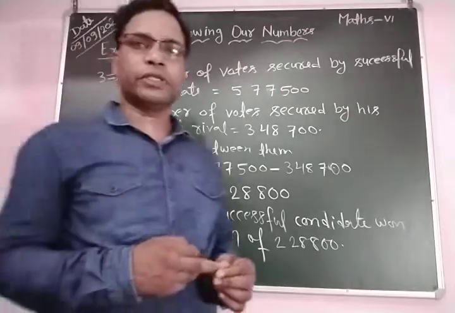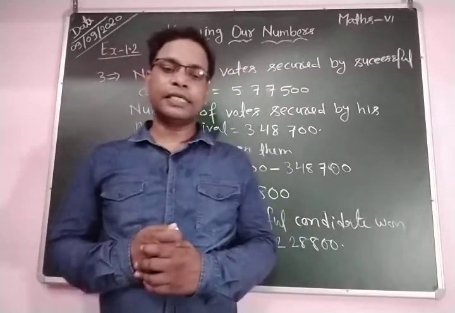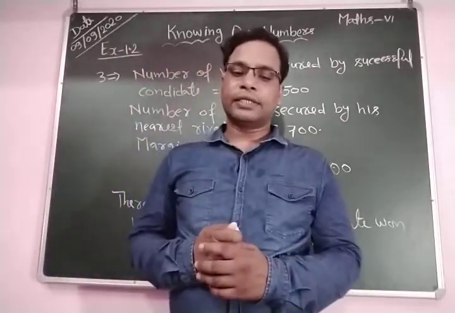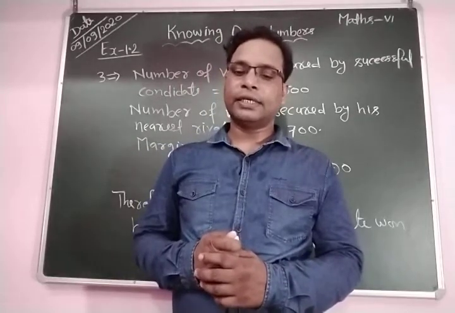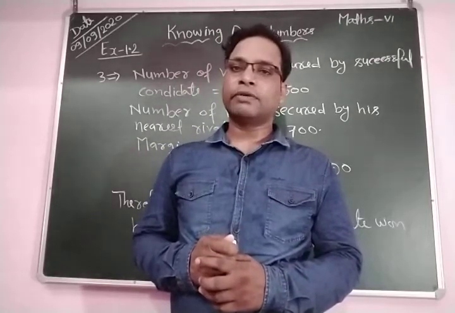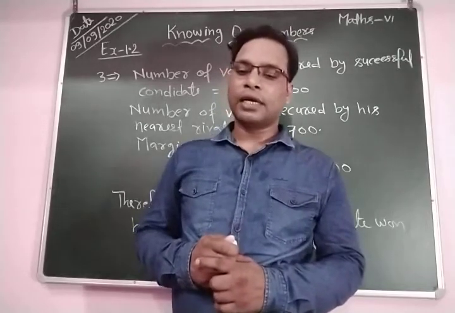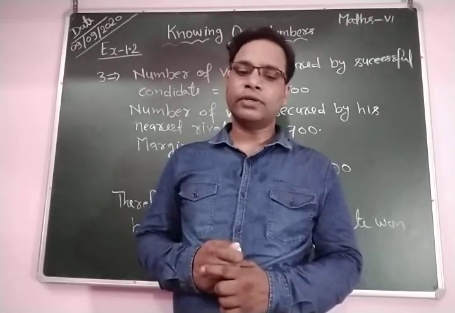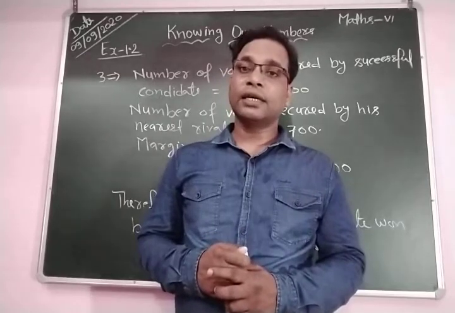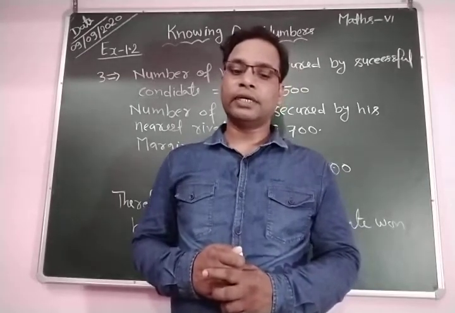In this question, it is given that the successful candidate registered 5,77,500 votes and his nearest rival secured 3,48,700 votes.